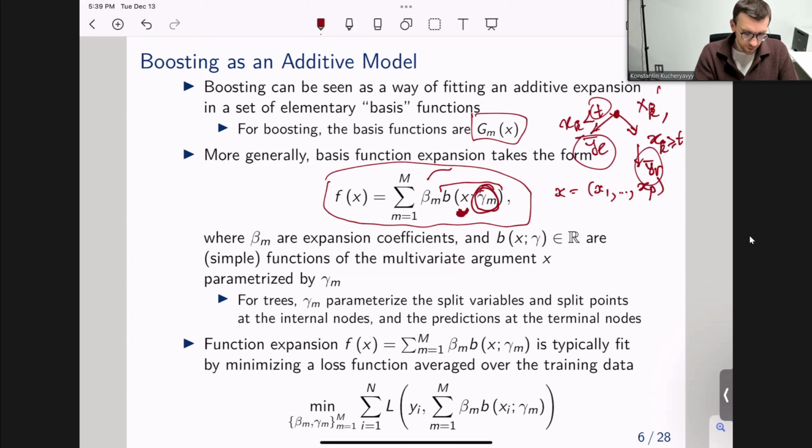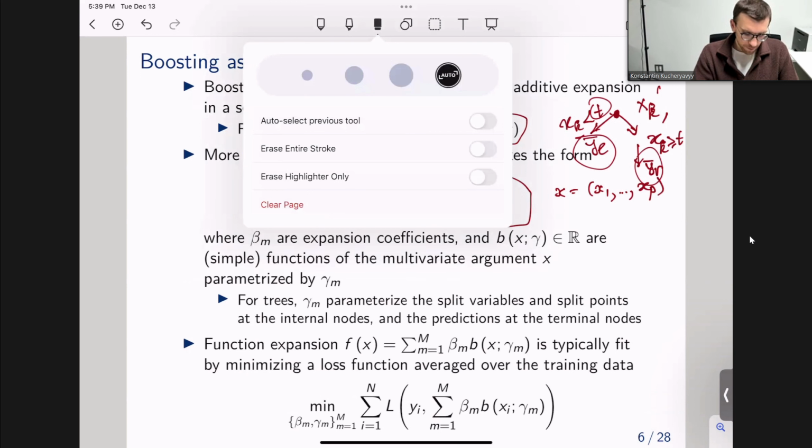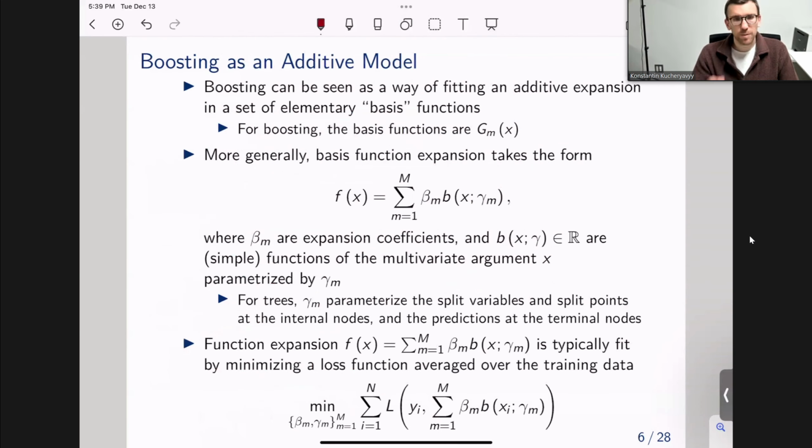But of course, we can have potentially any basis functions. Boosting can be seen as just a particular example of constructing a model based on the basis functions.